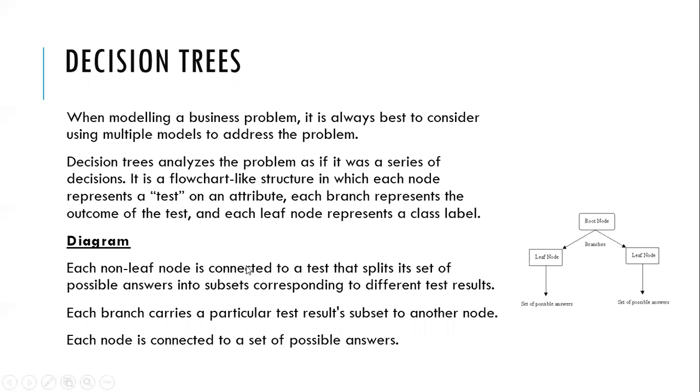Each non-leaf node is connected to a test that splits the set of possible answers into subsets corresponding to different test results. Each branch carries a particular test result subset to another node, and each node is connected to a set of possible answers.